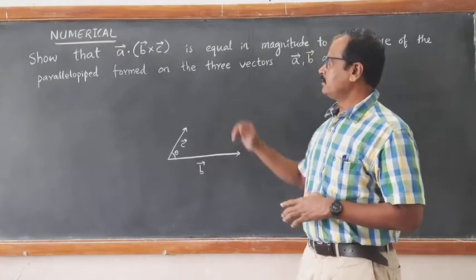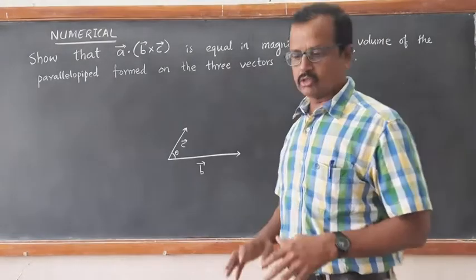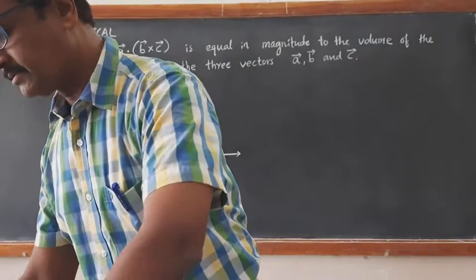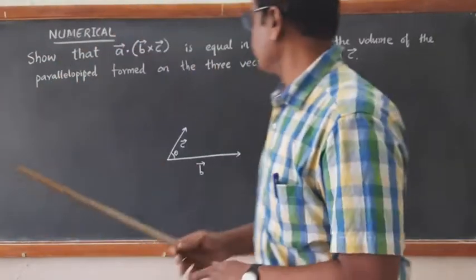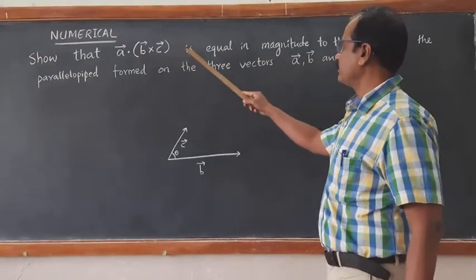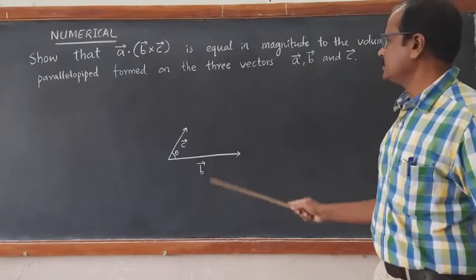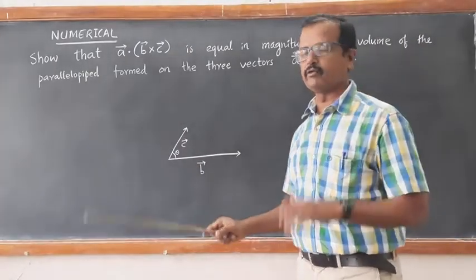Show that vector A dot B cross C is equal in magnitude to the volume of the parallelepiped formed with the help of three vectors. These three vectors, vector A, vector B, vector C, are going to be the sides of a parallelepiped.